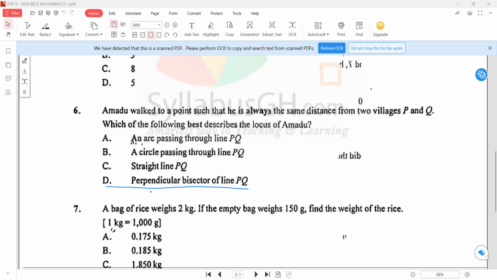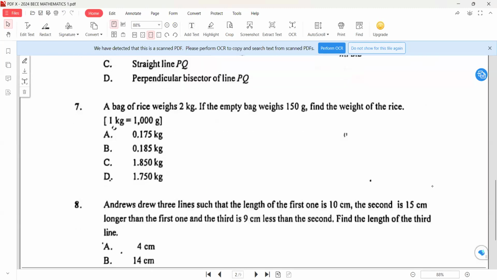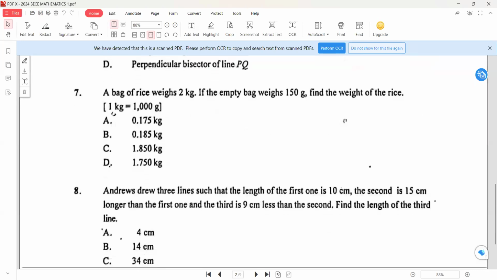Okay. So question number 7. A bag of rice weighs 2 kg. If the empty bag weighs 150 grams, find the weight of the rice. Very simple. The empty bag is weighing 150 grams, and the bag of rice is weighing 2 kilograms.